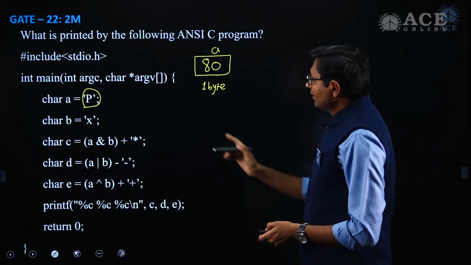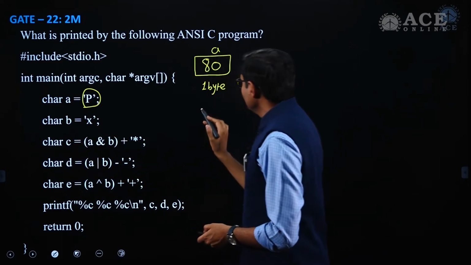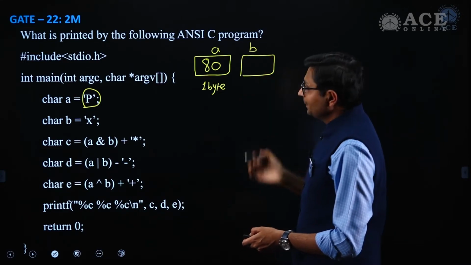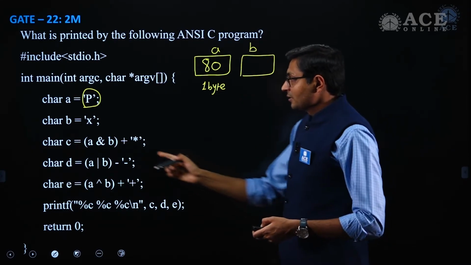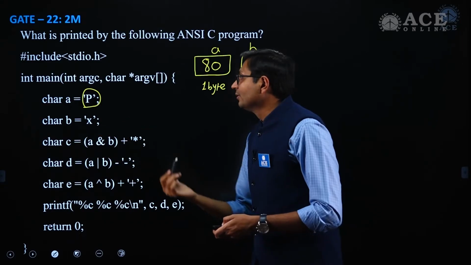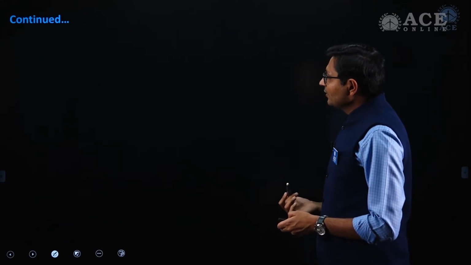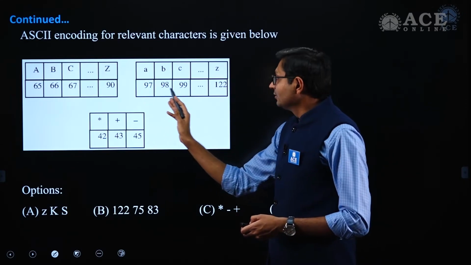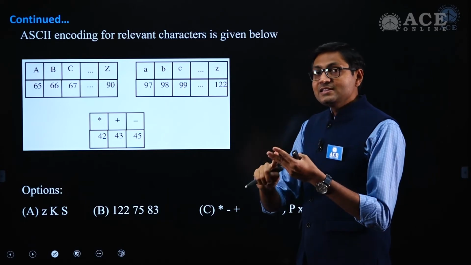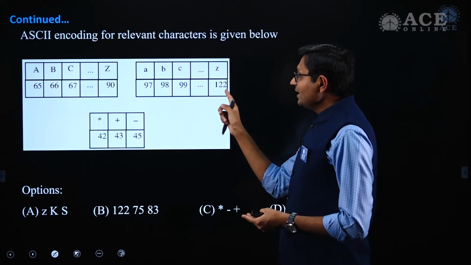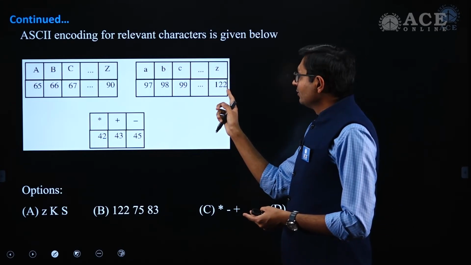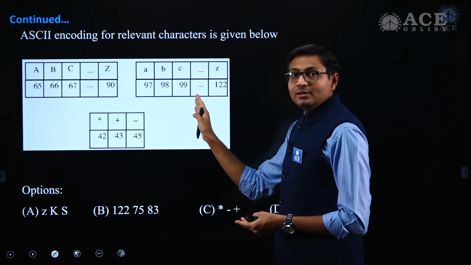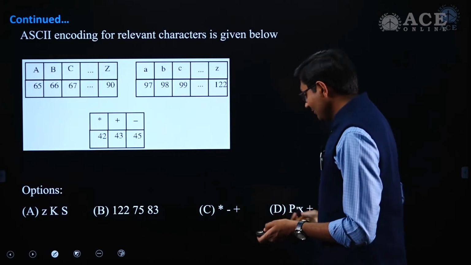Alright. Next, there is another character B, small x. What is the ASCII value given? Starting from 97 onwards, x, y and z, right? So if z is 122, y will be 121 and x will be 120. Alright.